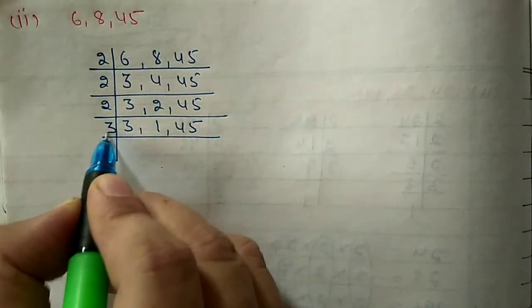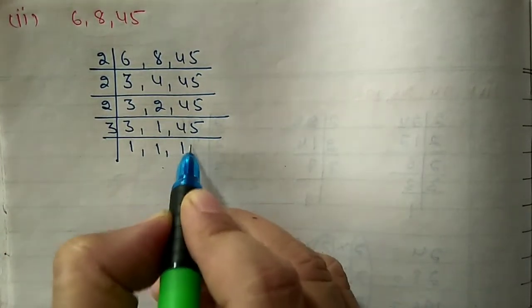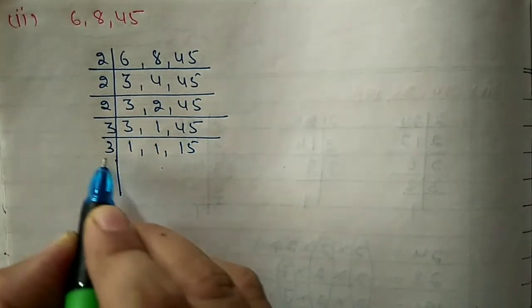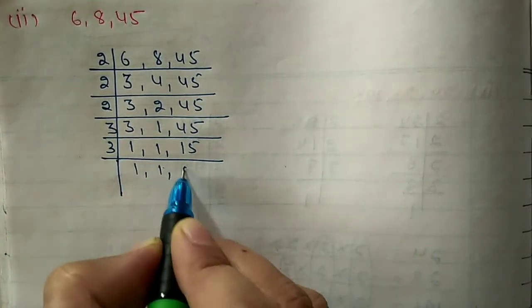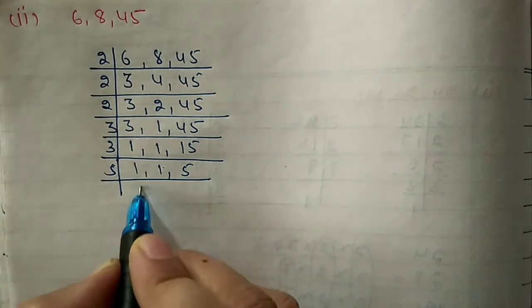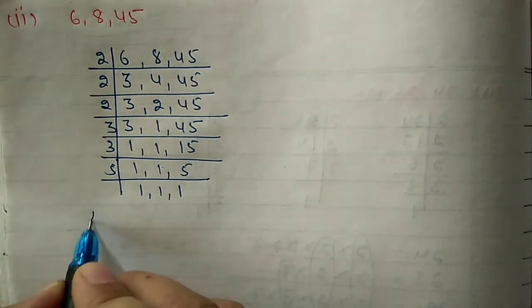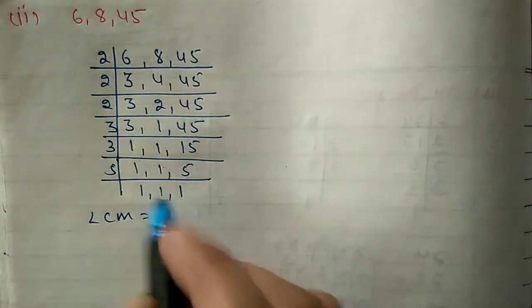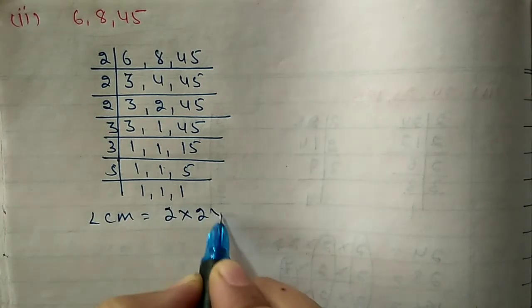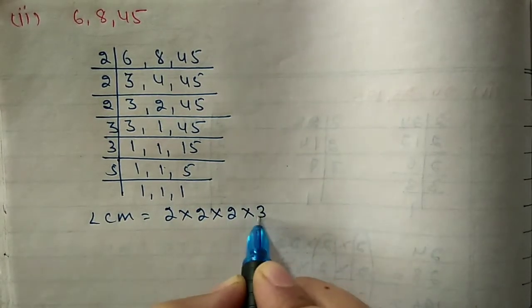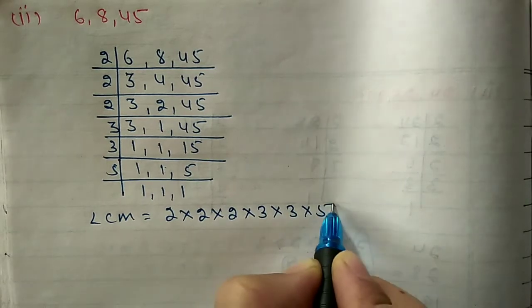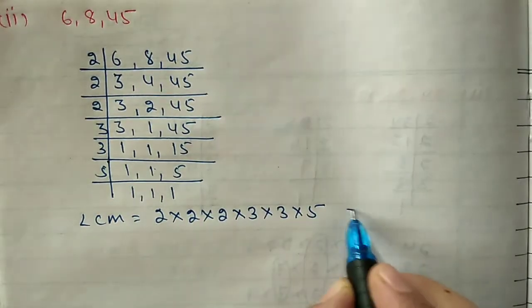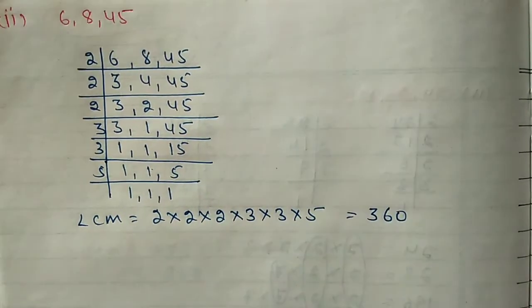Now 3 1s are 3 and 3 15s are 45. Again 3 5s are 15, and then at last it will go with 5. So LCM will be 2 three times and 3 two times and 1 time 5. Multiply all these numbers. This is your LCM.